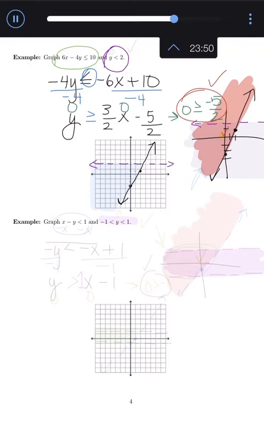And notice, again, I'm going to test the same point, 0, 0. So we'll plug in 0 for x and y. There's no x to plug in, so just y. And we do get that 0 is less than 2, which is a true statement. So 0, 0 does work. So we'll shade the side of the horizontal line that contains 0, 0, which means we'll shade the side that's below that line.